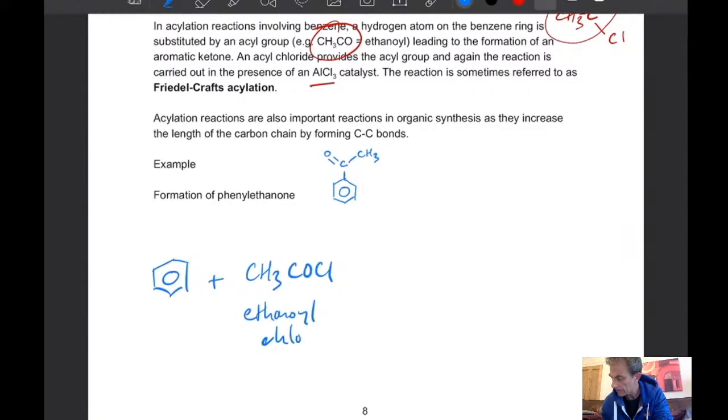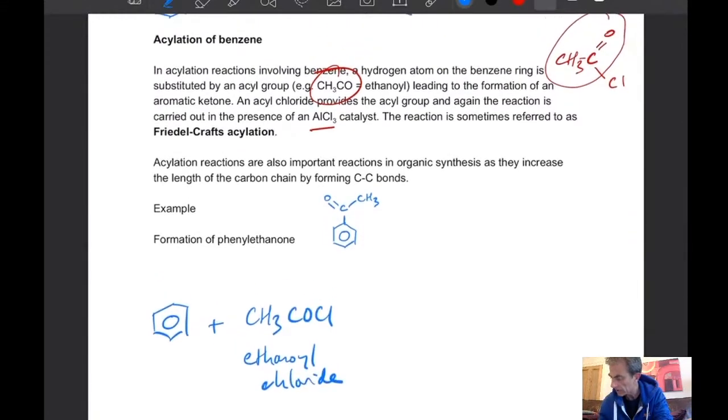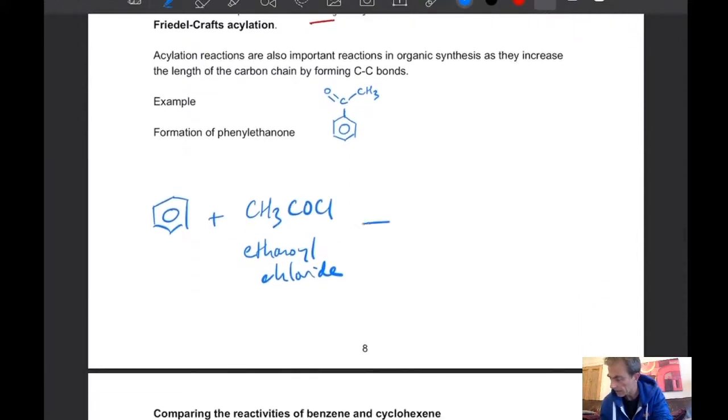You can see I've got the displayed formula of that here as well, if you wanted to see another way of drawing it. Put the catalyst on your arrow just so you don't forget it's there. C double bond O, CH3, and obviously you're going to get HCl as well.